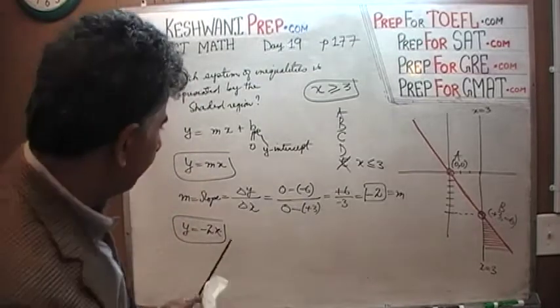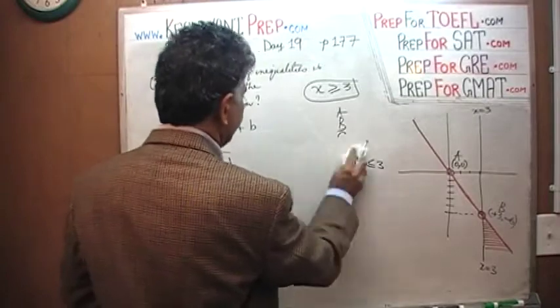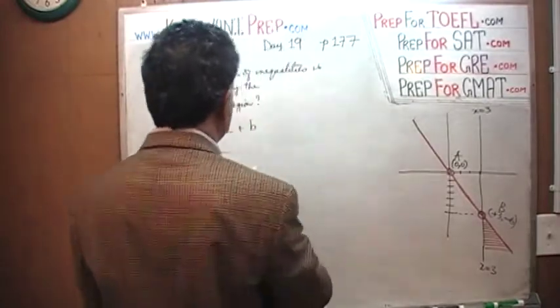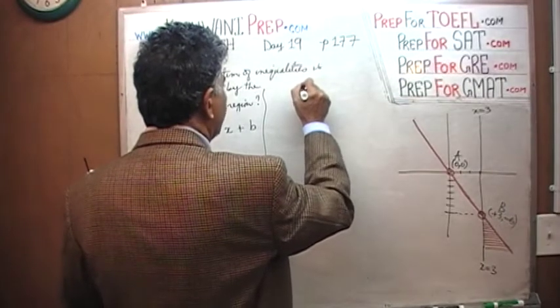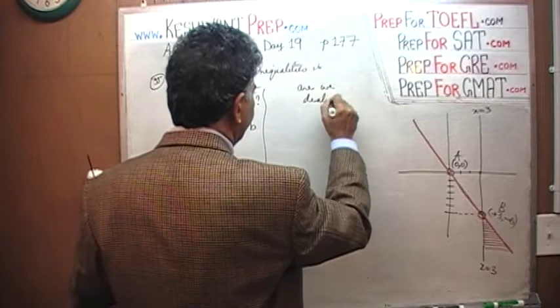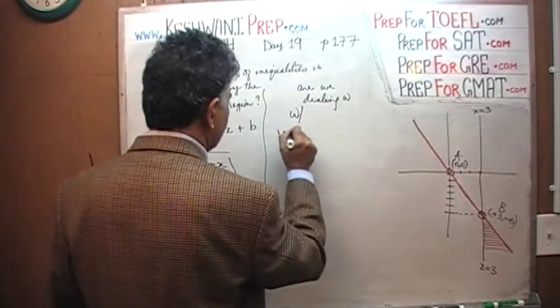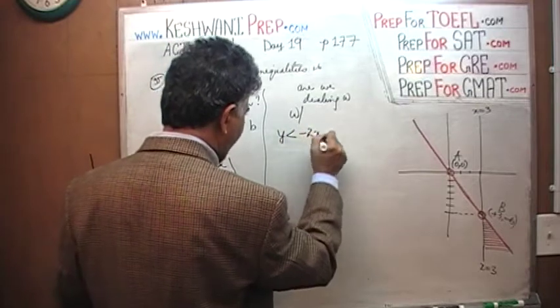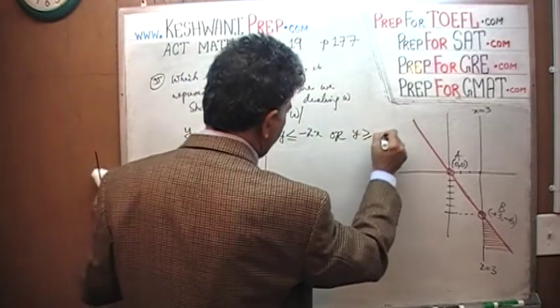The tricky part is figuring out whether we are dealing with y is less than or equal to negative 2x, or y is greater than or equal to negative 2x.